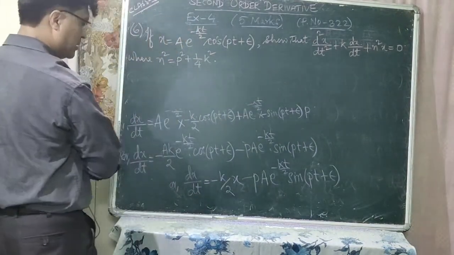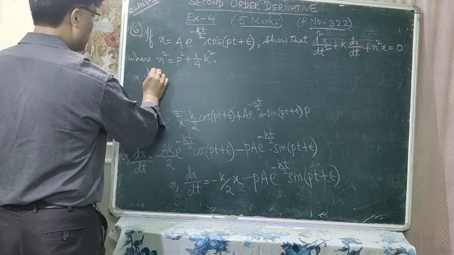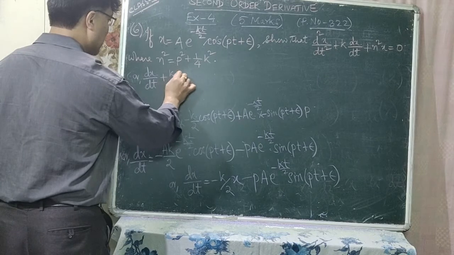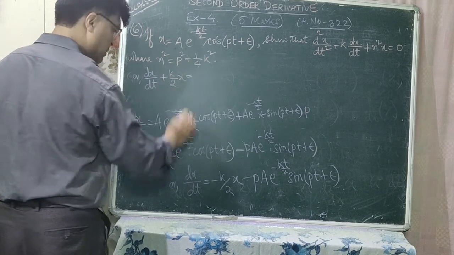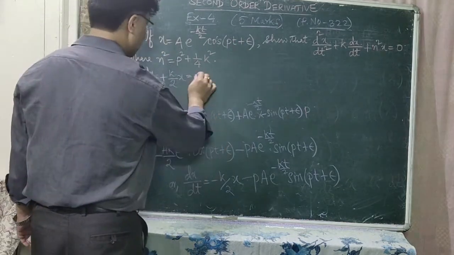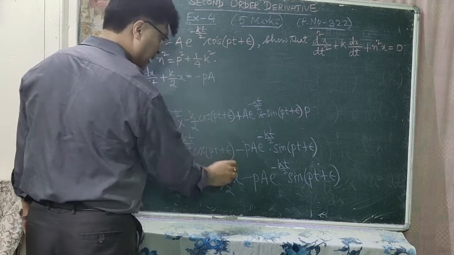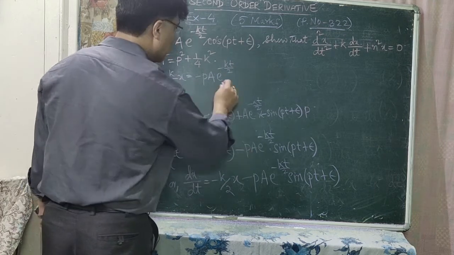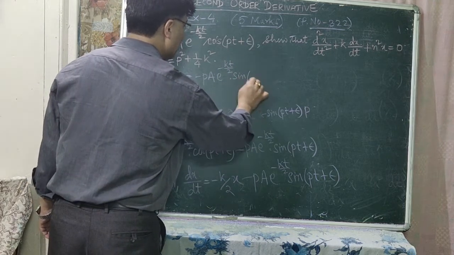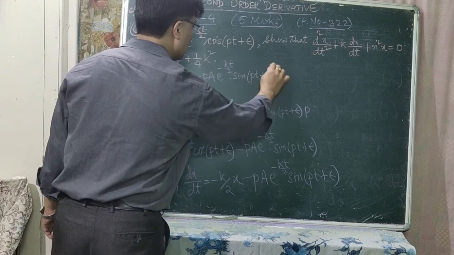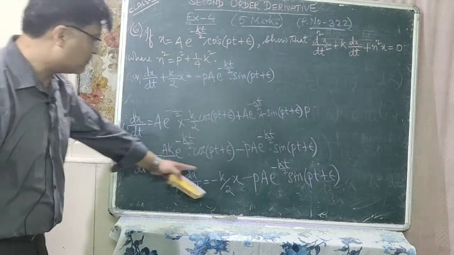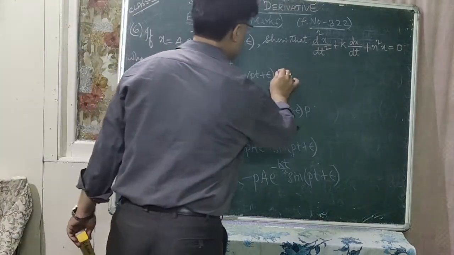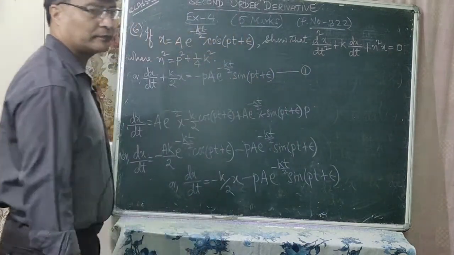So now write down next, dx by dt plus k by 2 into x, which is equal to minus pA e to the power minus kt by 2 into sine pt plus epsilon. Okay, this minus kx by 2 is taken to the left hand side. Okay, so this is your number 1.